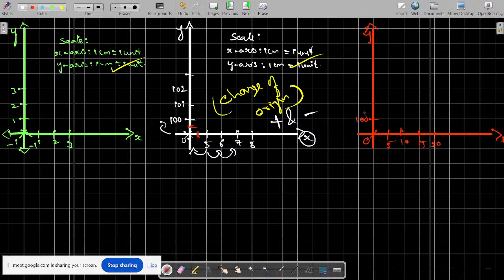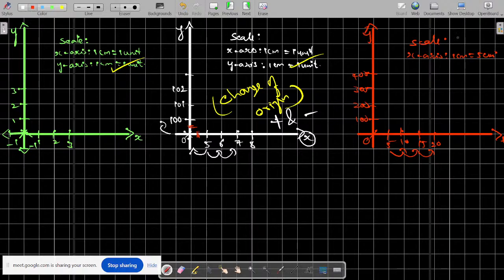Here shall I take as 100, 200, 300, 400 and so on? Scale. X-axis, 1 centimeter is equal to 5 units. Why? See, it's jumping in terms of factors of 5. So, 5, 5, 5. So, it's 5 units.